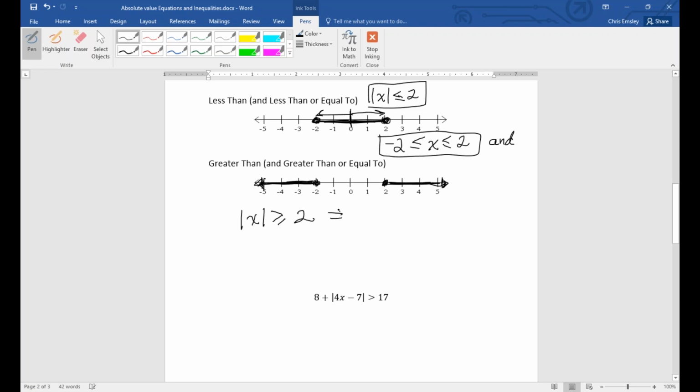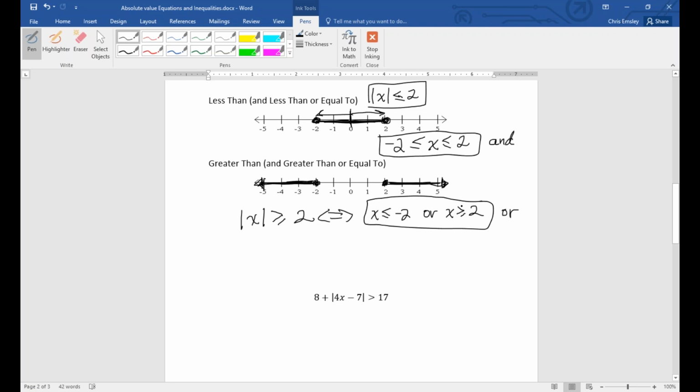So this is the same as x less than or equal to negative 2, that gives me the left-hand side, or x greater than or equal to positive 2, and that gives me the right-hand side. This is the important step for the greater than or equal to. We need to rewrite those as an or inequality.